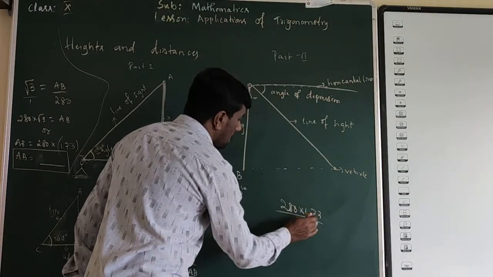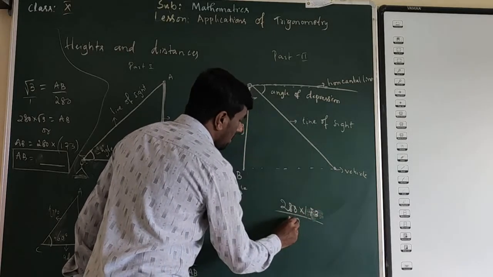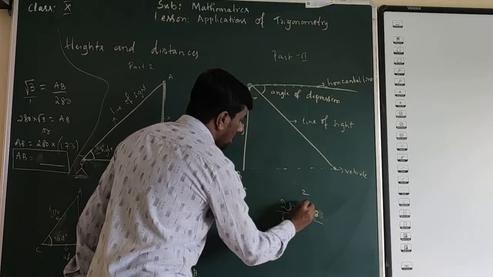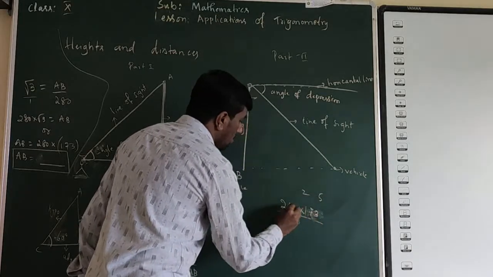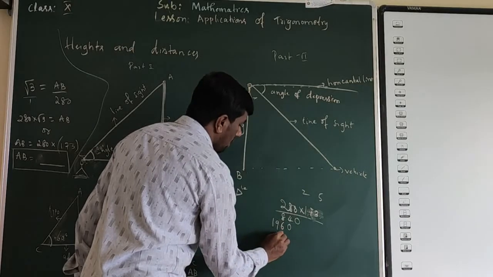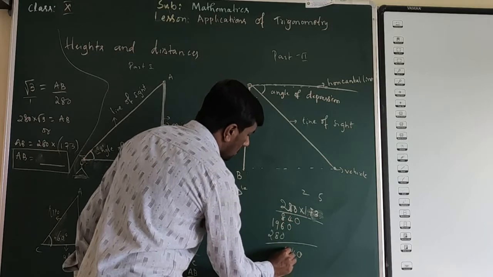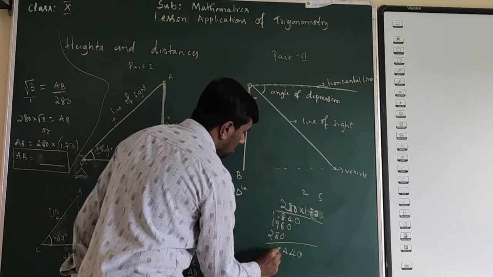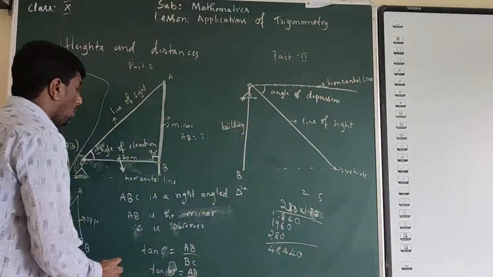So you can multiply that: 280 into 173, and place two decimal points. So the answer is 484.40 meter.